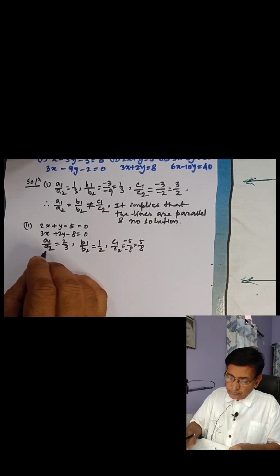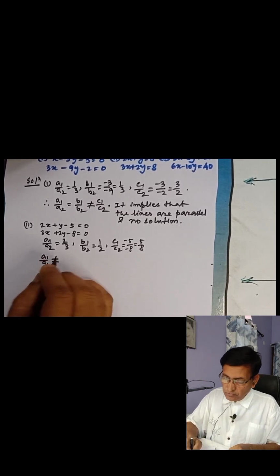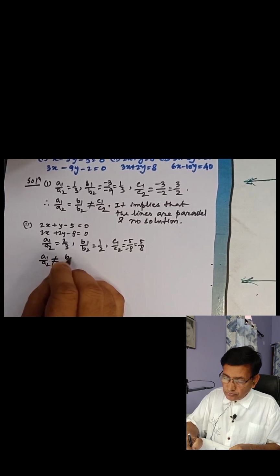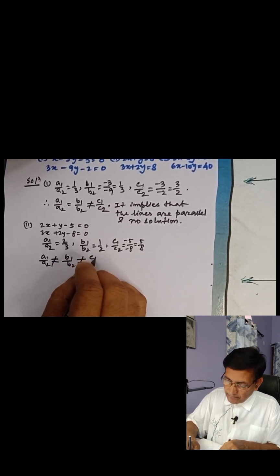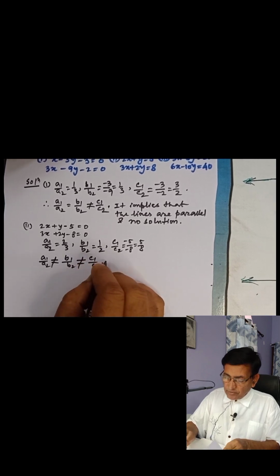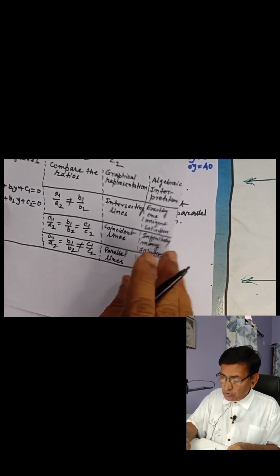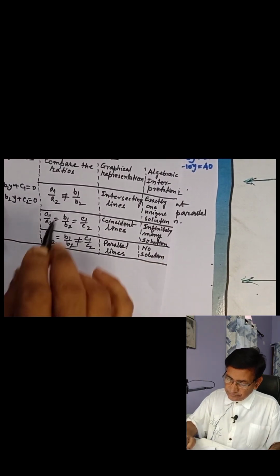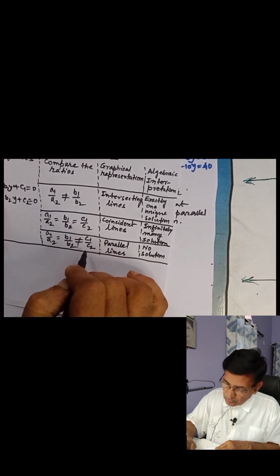So here we can see that A1 by A2 is not equal to B1 by B2 and also is not equal to C1 by C2. Then again, this condition may occur. A1 by A2 is not equal to B1 by B2 is not equal to C1 by C2.